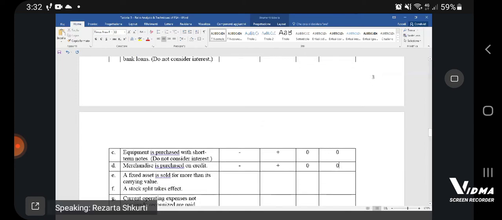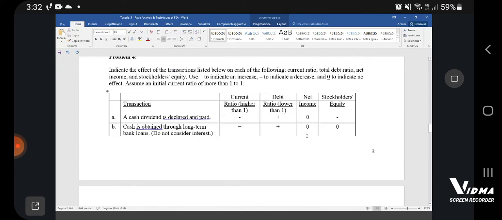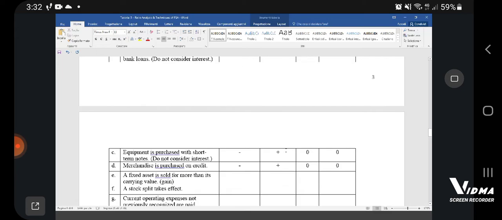The equity: no impact. A fixed asset is sold for more than its carrying value. That means that we have a gain from sale of a fixed asset. Any change in the current ratio? Assume that it's sold for cash. It's not said here, but let's assume we have cash in exchange.